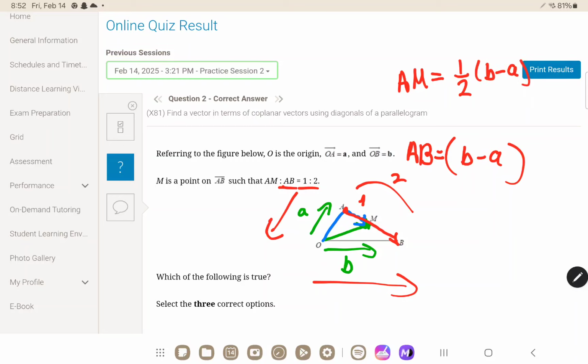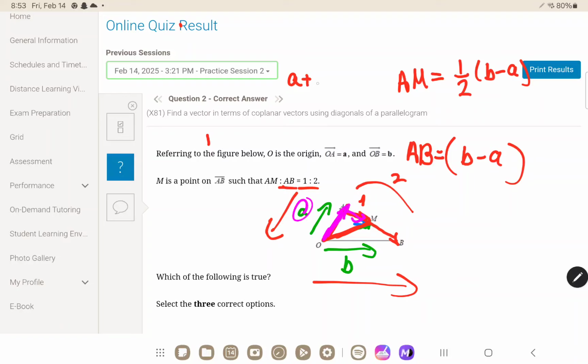Now, using the information we have, we can finally find OM. OM is practically OA plus AM. So A plus AM, because OA is A. You're finding this plus this now.